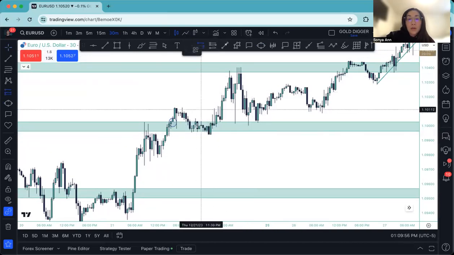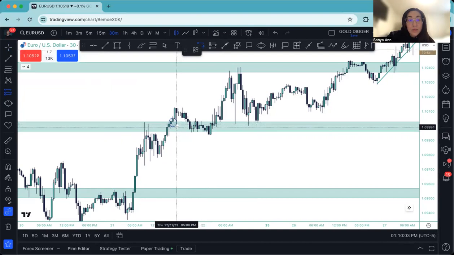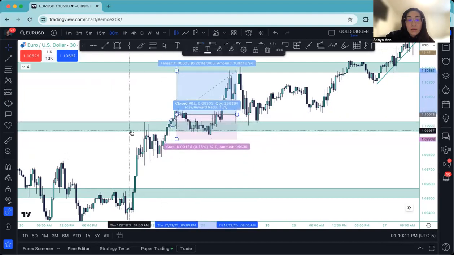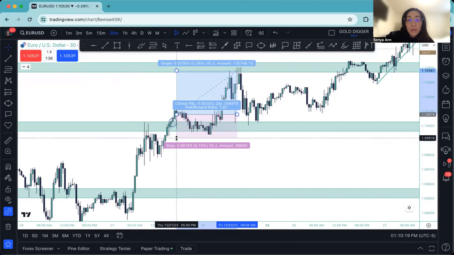If you get the long position and just say that you got in at this retest, you still want your stop loss under this zone area. So you're going to put it right there.